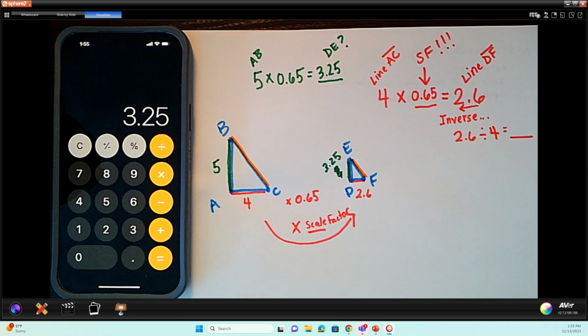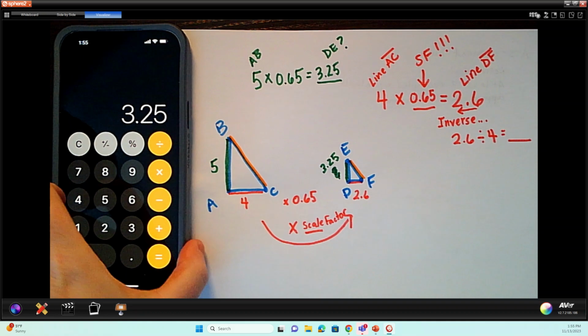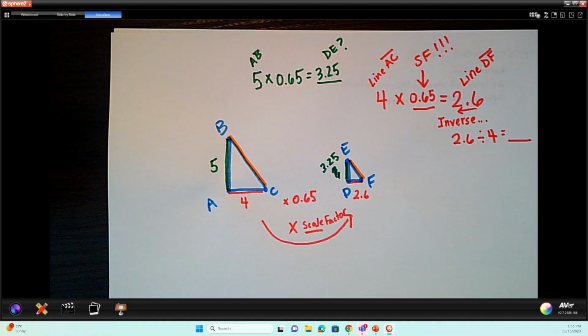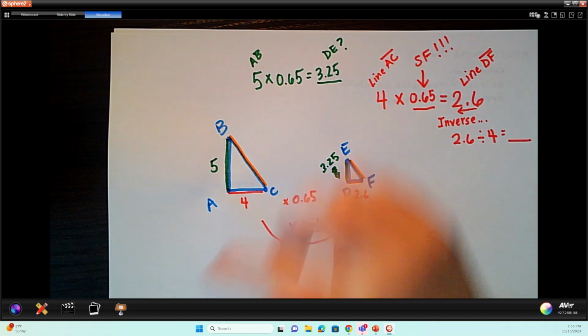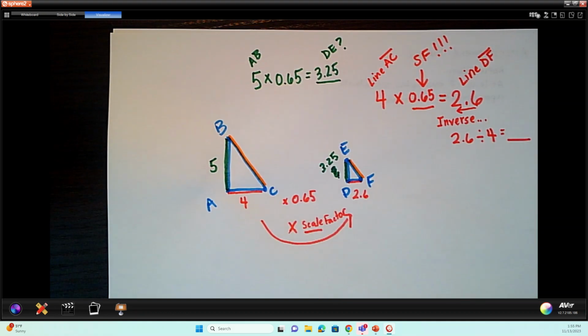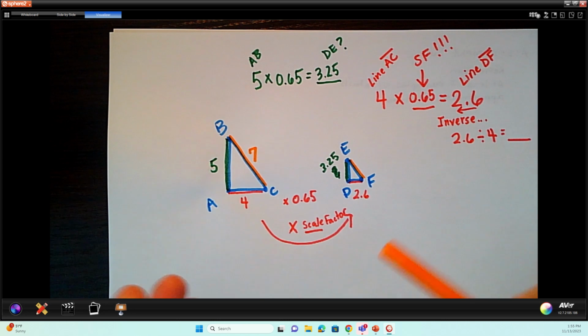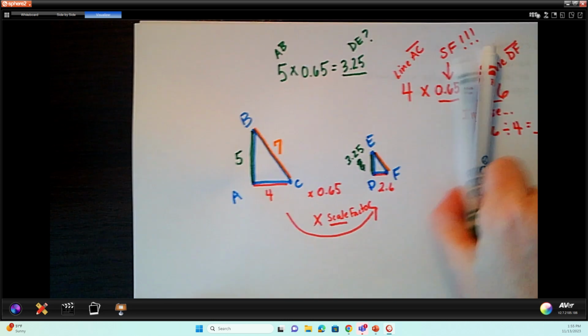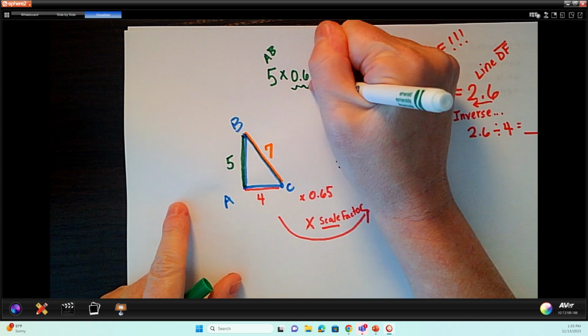All right, now let's see if we can just do the last one here. Okay, so we have this right here, and I'm just going to make up a number. It's probably not quite 7, but we're going to use 7. Okay, so we're going to say this is 7. Again, I know the scale factor. It's 0.65. Once you figure out the scale factor, it's like the mystery has been solved.